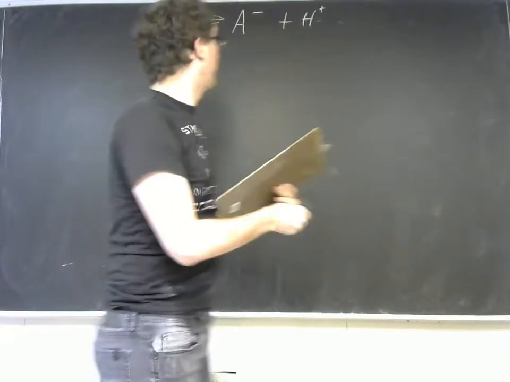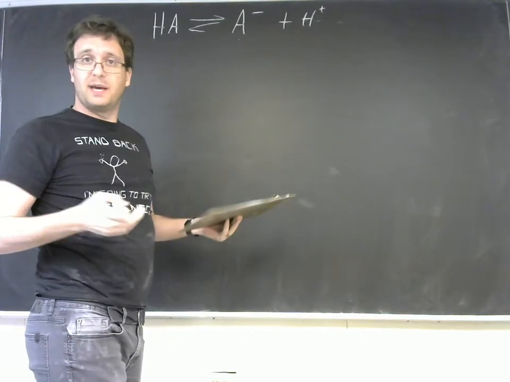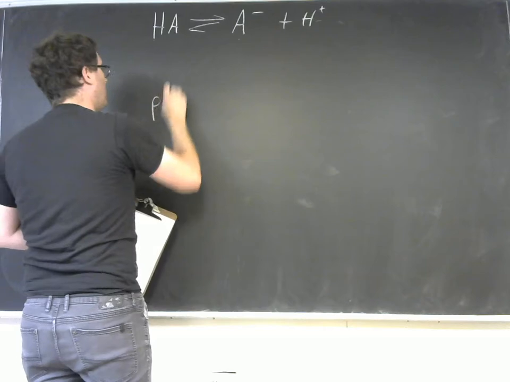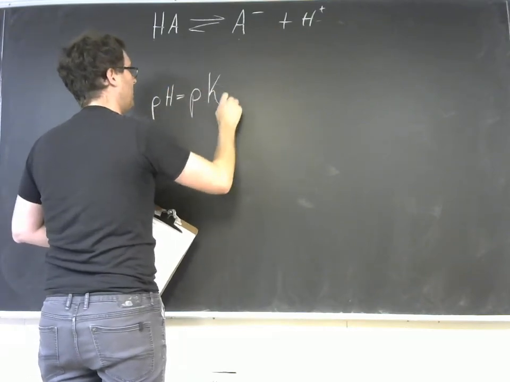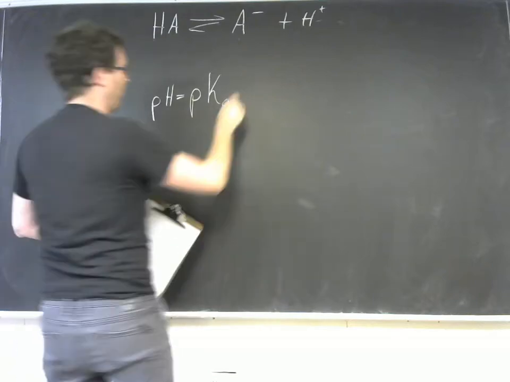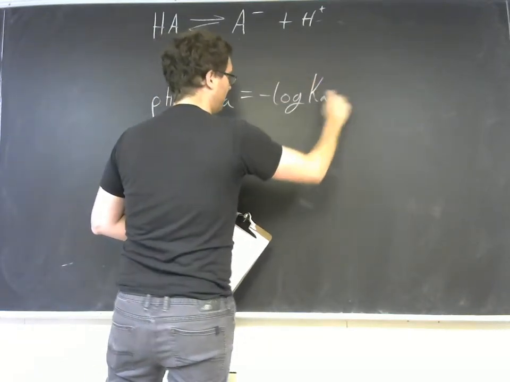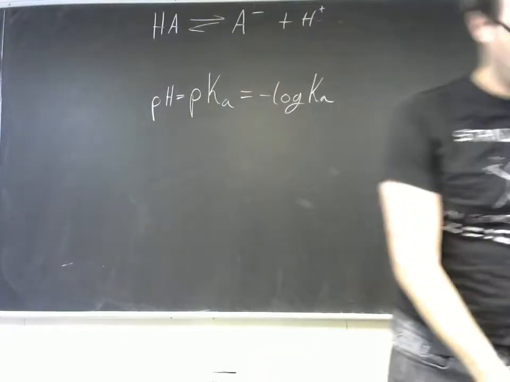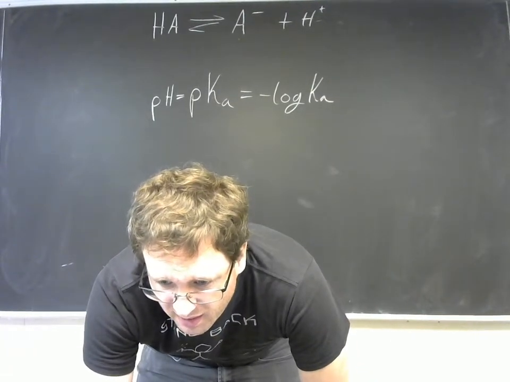If you have equal amounts of your conjugate acid and base partners, then the pH is going to equal the pKa, or in other words, the negative log of the acid strength constant. So, one sec, I'll get the table of acid strengths up.